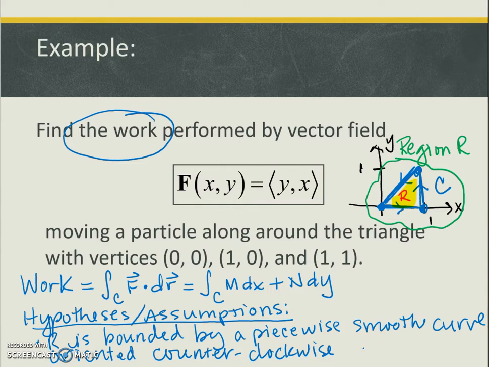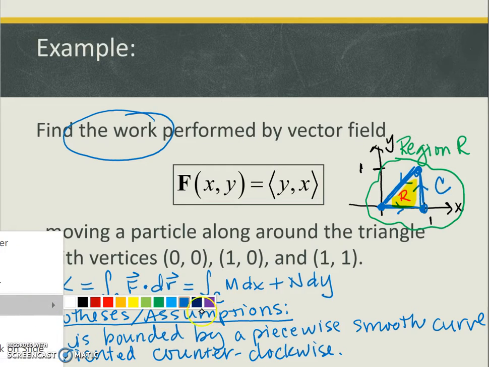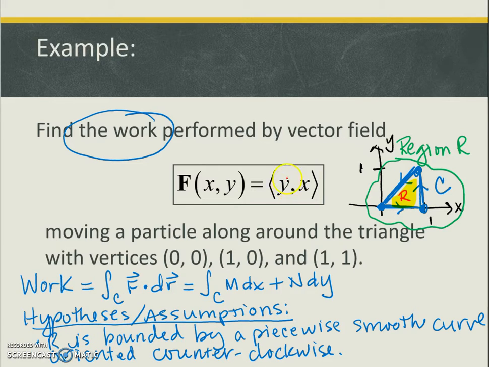So that's good. The first hypothesis for using Green's theorem has been satisfied. Now remember, the second hypothesis has to do with M and N. If we look at our vector field here, our x component is M and our y component is N.